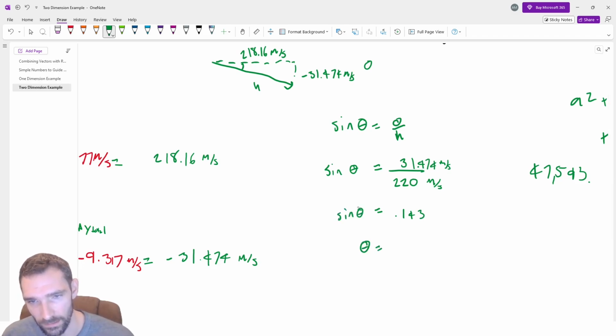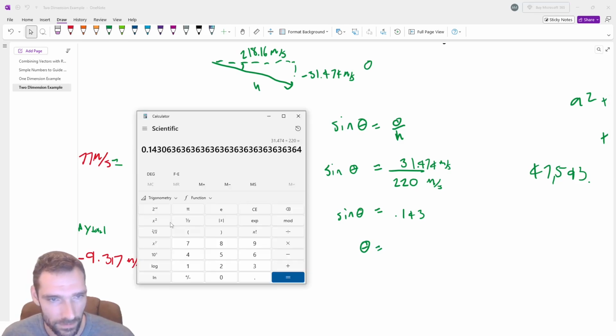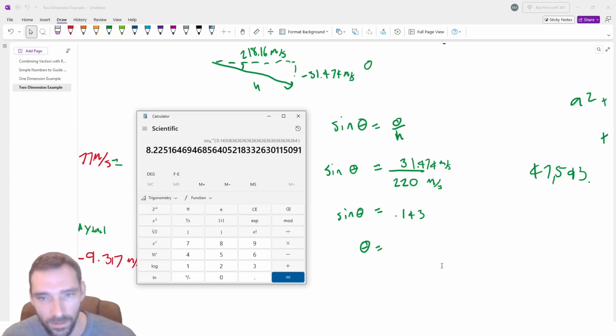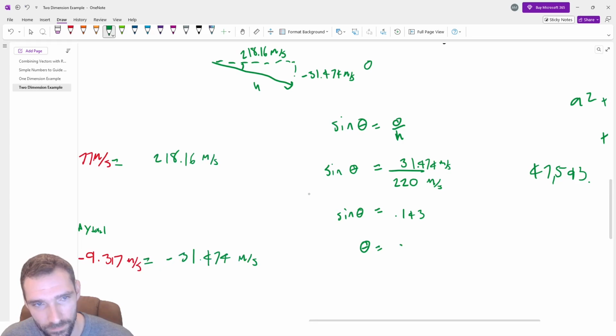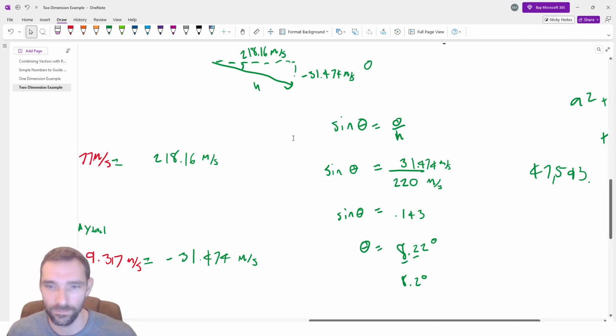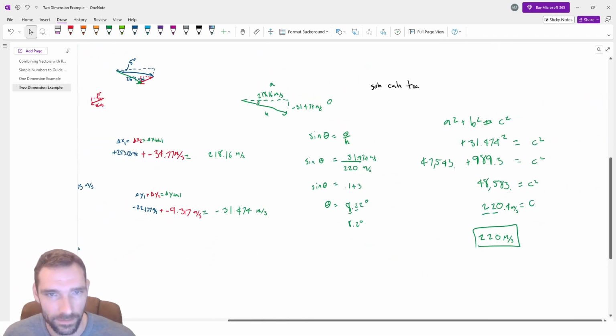So theta is going to be, we do the inverse sine function of this, 8 degrees. So 8.22 degrees, or if we're limiting it to 2 sig figs, 8.2 degrees. Right in here.